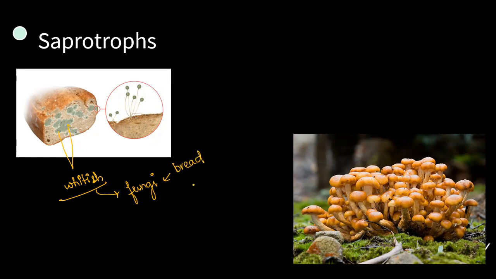This mode of nutrition in which the organism takes the nutrients from dead and decaying matter is called saprotrophic nutrition. And the organisms are called saprotrophs.